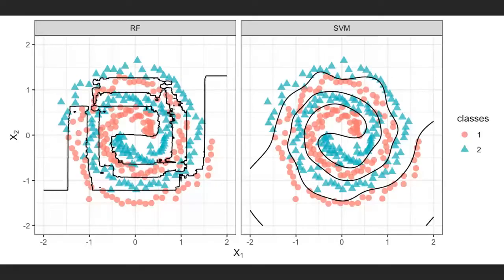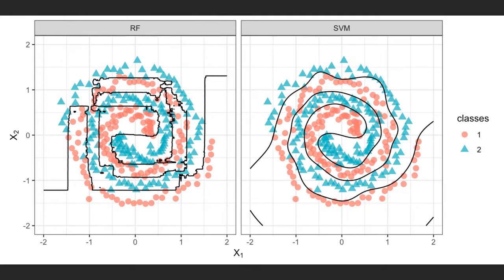Okay, so let's look at the two spirals benchmark problem and two solutions to it. You can see in the picture the two spirals. Class 1 are the red circles, and class 2 are the teal triangles. On the left, we have the solution given by a random forest. It does a decent job of carrying out the separation, but the resulting decision boundary is fairly ugly. It has a hard time with the nonlinearity and the smoothness of the spiral.